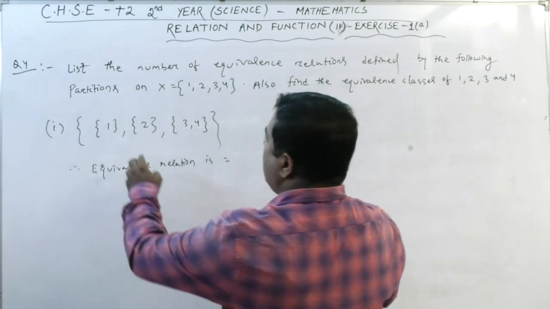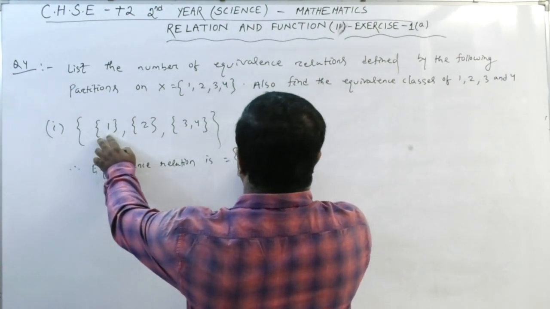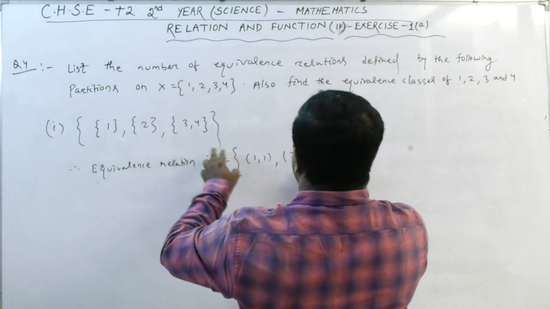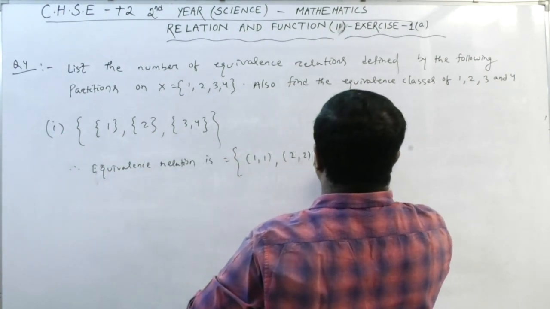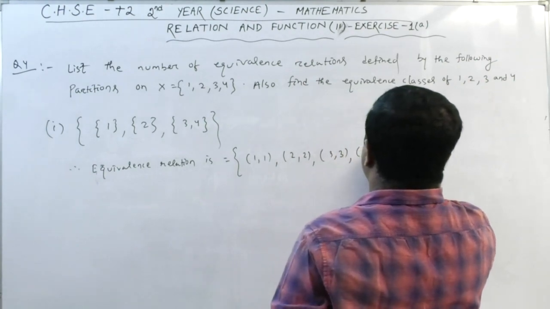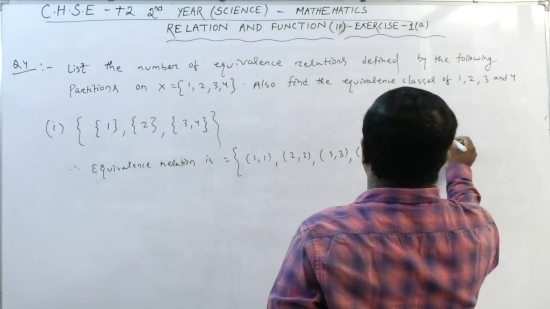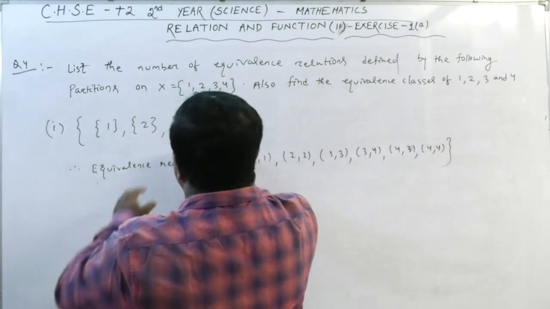Make a cross product of {1} with itself. So what you get? (1, 1). Make a cross product of {2}. So you will get (2, 2). And for {3, 4}, what you get? (3, 3), (3, 4), (4, 3), (4, 4). Okay. So this is the equivalence relation from the partition.